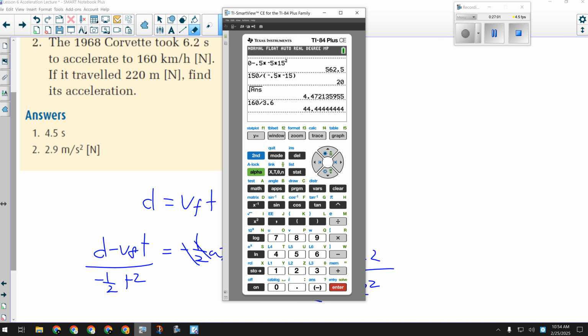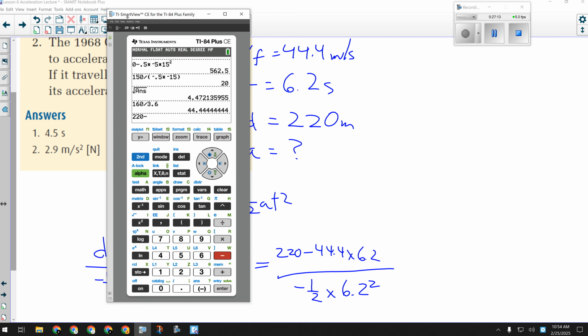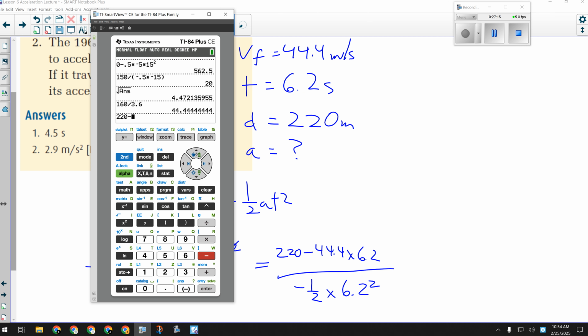Okay, so 220 minus, I've got to see my writing here, 44.4 times 6.2. And then I'm going to divide that by the bottom, which is going to be negative 0.5 times 6.2 squared.